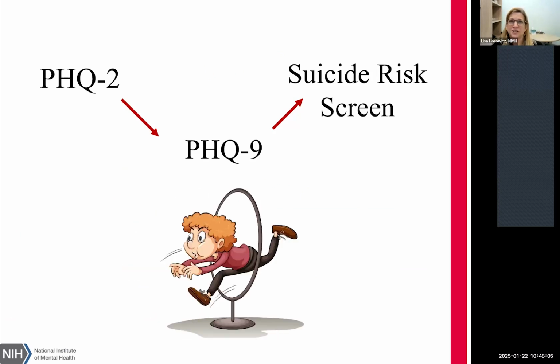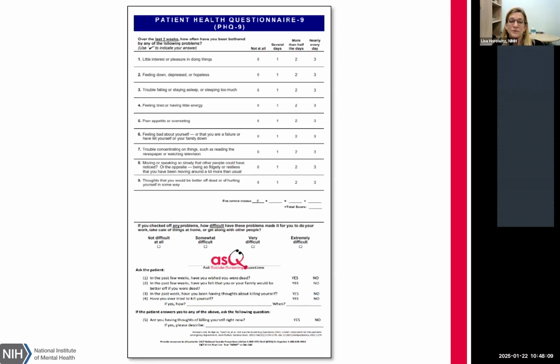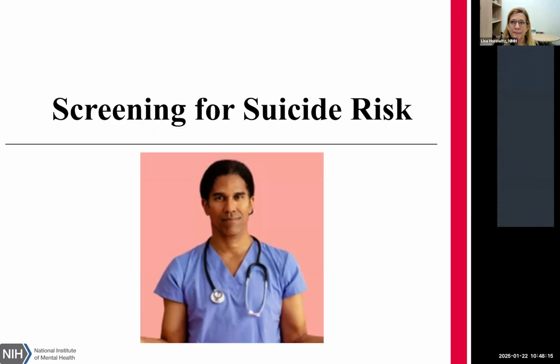And why would you make a patient jump through all those hoops when it's 20 seconds more? So one of the things we did was we stuck the ASQ on the bottom of the PHQ so that people would ask both. Okay, so using a suicide specific screening tool like the ASQ, we're going to now talk about screening specifically for suicide risk.